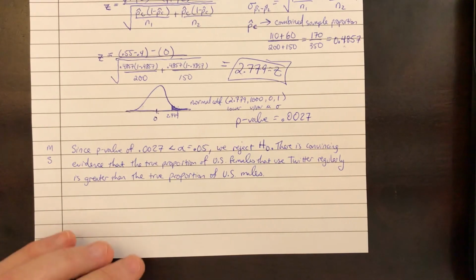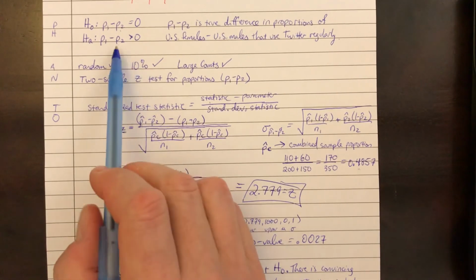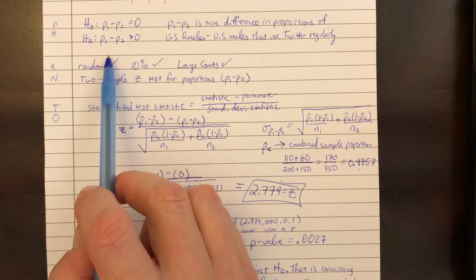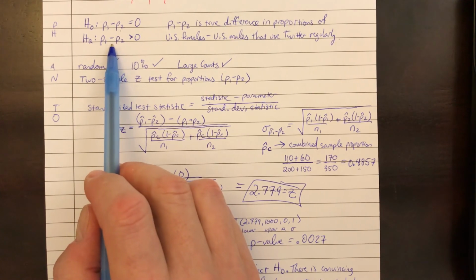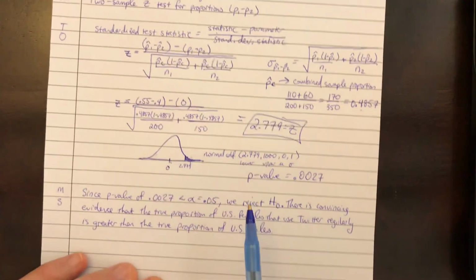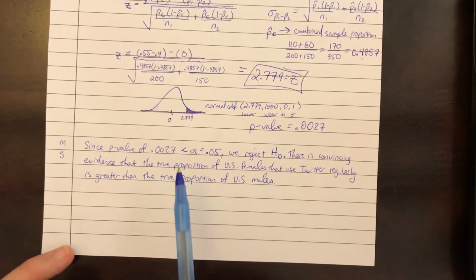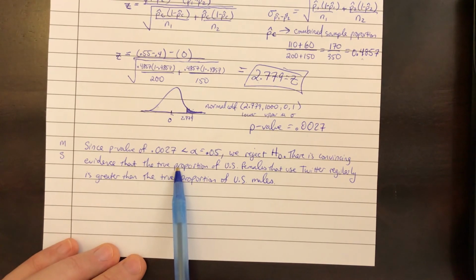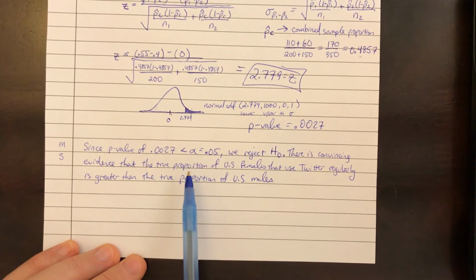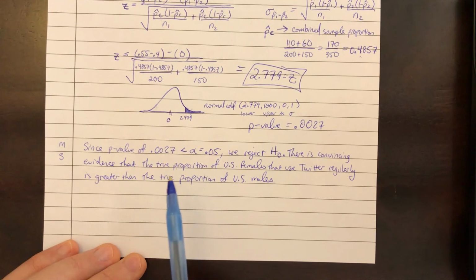You could also say, if you wanted to restate the alternative exactly how we wrote it, the true difference of proportions of females minus males is greater than 0. But in this context, what we're trying to say is that a higher proportion of females uses Twitter on a regular basis than the proportion of US males.